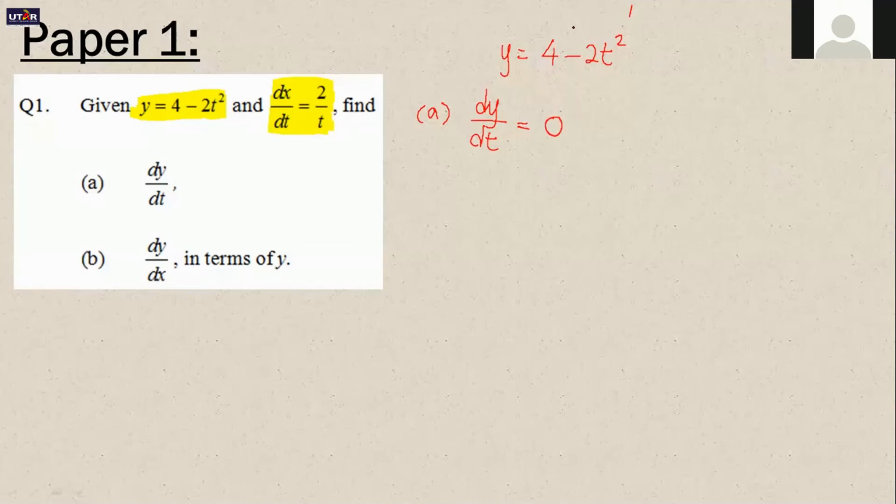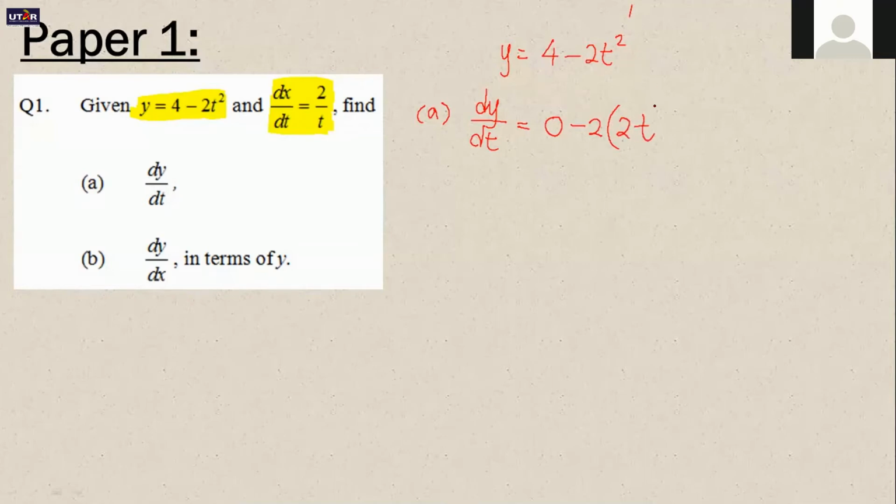Then what about the second term? Second term is negative 2t squared. So differentiate it, we keep the constant. We only differentiate the variable. What is the variable? According to dy over dt, your t is the variable. So differentiate the t power 2. According to the formula, we bring down the power, then the power less 1.